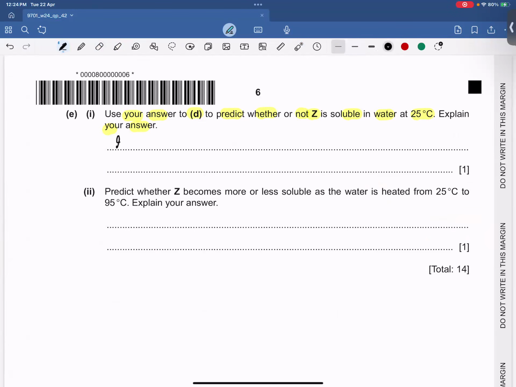It is insoluble in water, as delta G naught value is positive, which means the reaction is not feasible, or spontaneous.